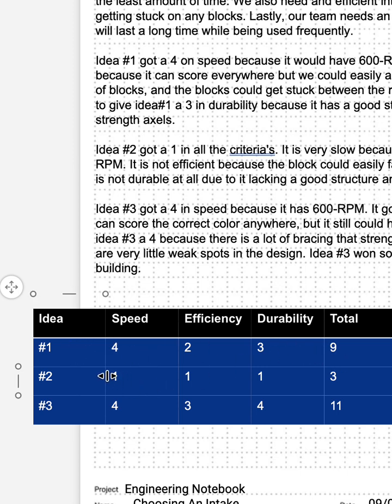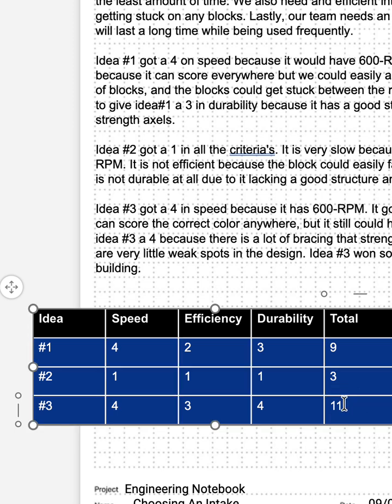You judged all the ideas with those criteria, and you add up the total points you got for all the criteria, and that can help you decide which idea to go for. That helps not only with your notebook, it's just a good idea for any engineering thing.